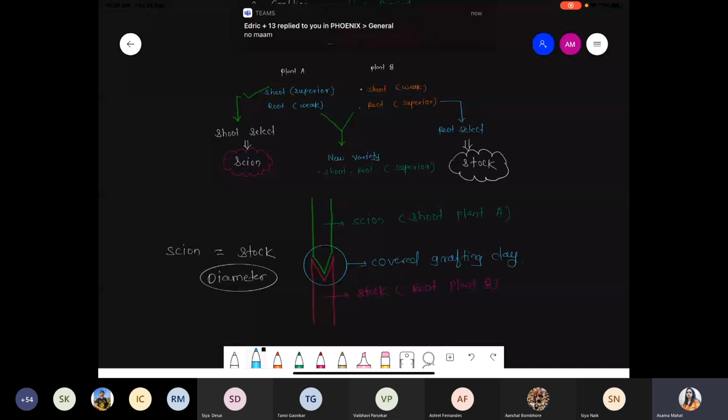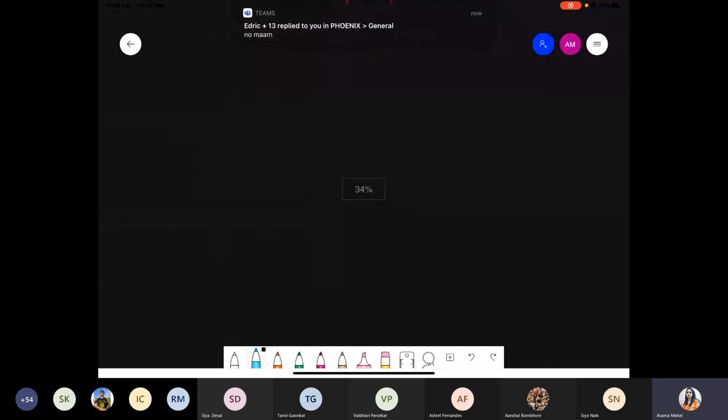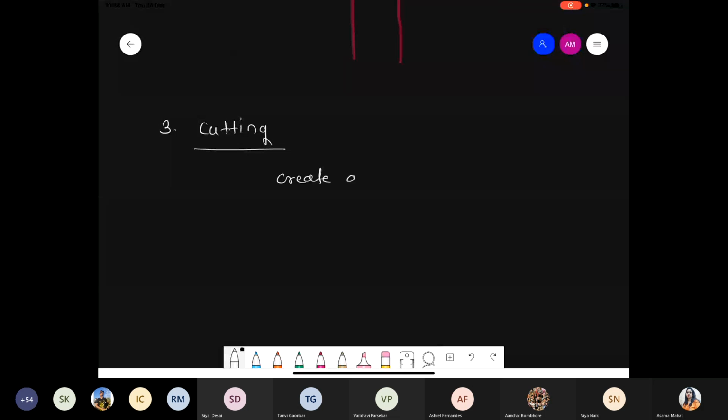Yeah, next point, very simple, we are talking about the cutting, last one. Number third, we are talking about the cutting. You know very well, cutting is nothing but you have to create a cut on plant part. Like you can select stem region, you can select root region, or you can select leaf region, any part region.